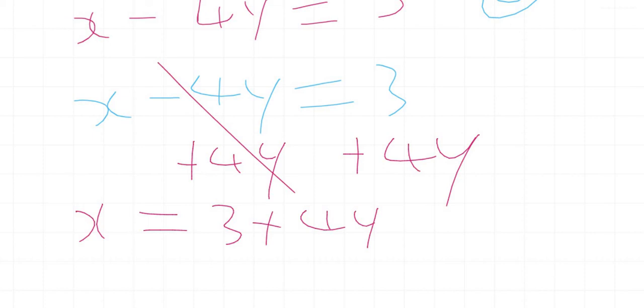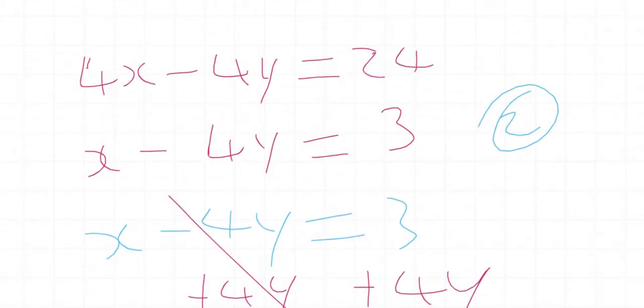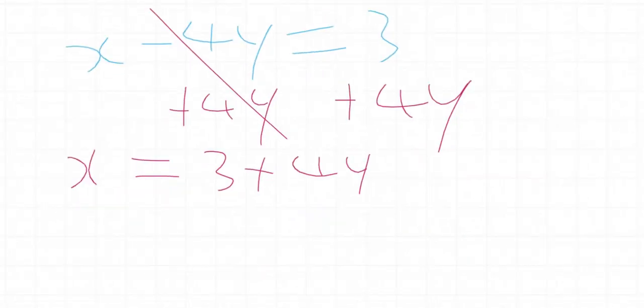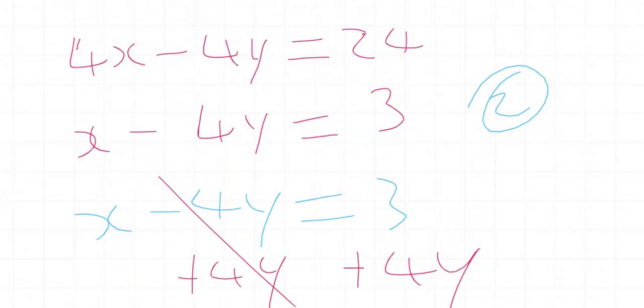So we can plug it into one of the equations and just get rid of one of the variables, and just have only one variable. So we're going to take the value of x and plug it into equation 1. And so we just have one equation with only one variable, because that is always the objective.